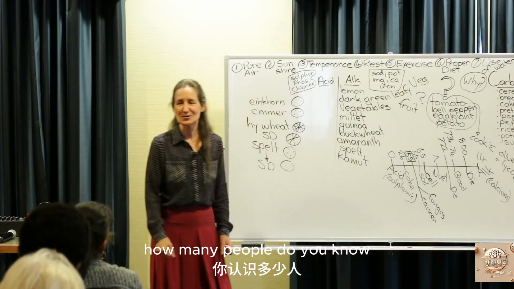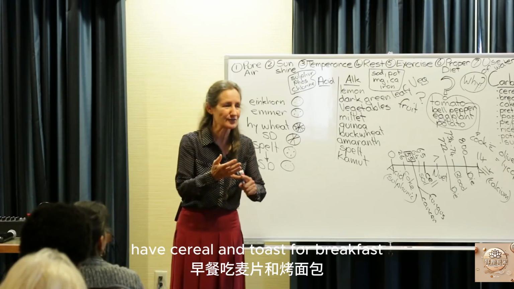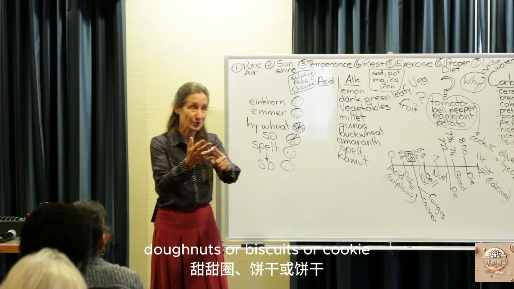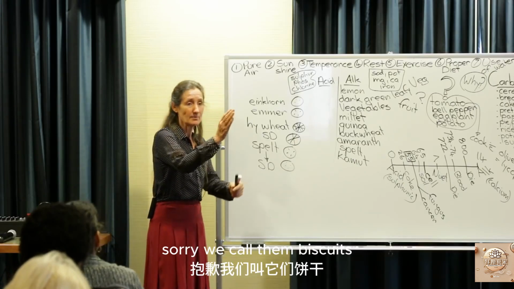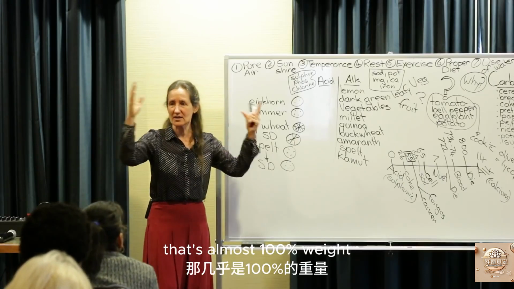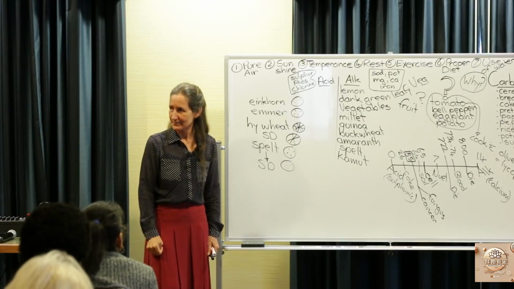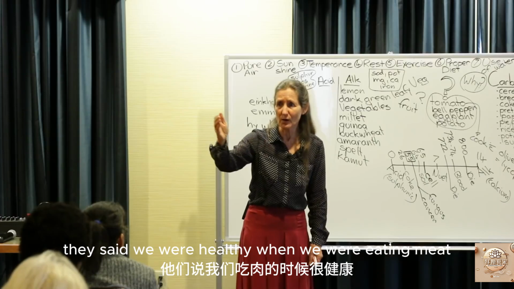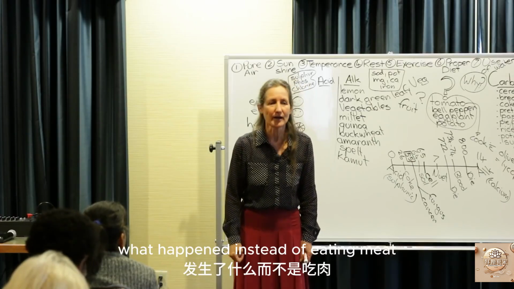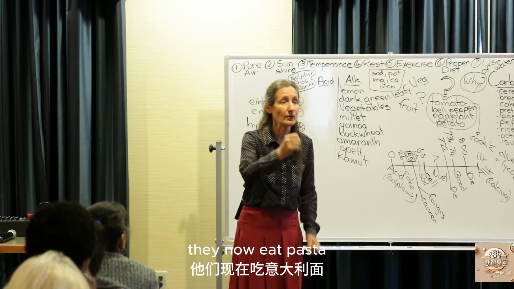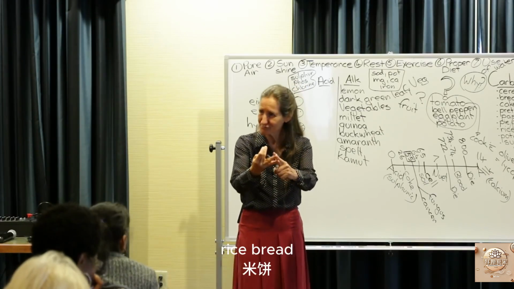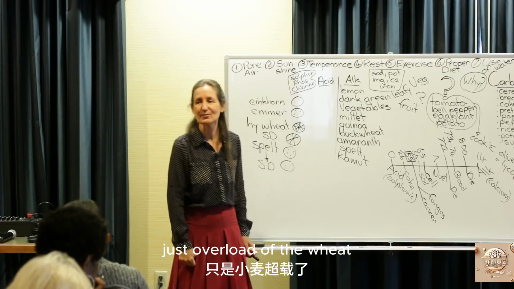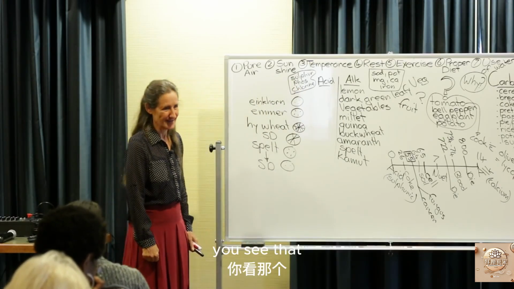How many people do you know have cereal and toast for breakfast, sandwiches for lunch, pasta for tea, donuts or biscuits, well, cookies, sorry, we call them biscuits, mid-morning, mid-afternoon? That's almost 100% wheat. I've met some sick vegetarians. They said, we were healthier when we were eating meat. What happened? Instead of eating meat, they now eat pasta, rice, bread, just an overload of the wheat. You see that?